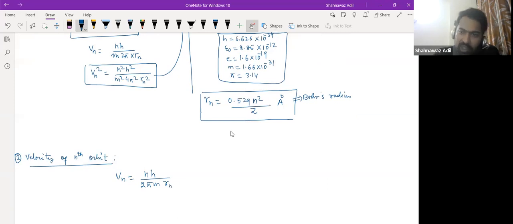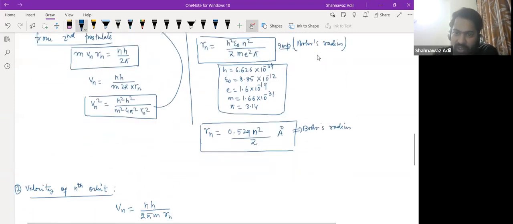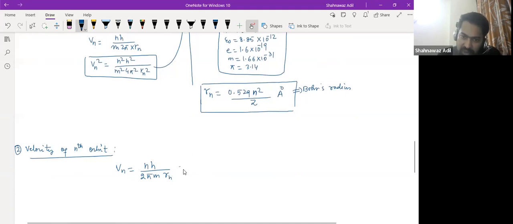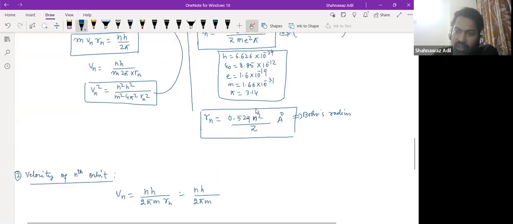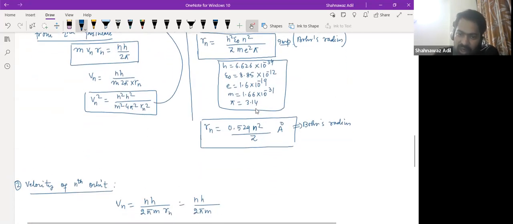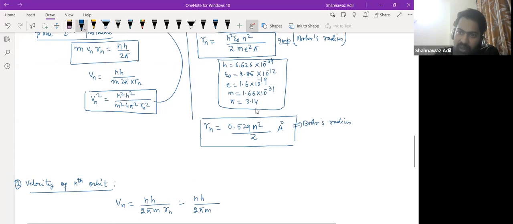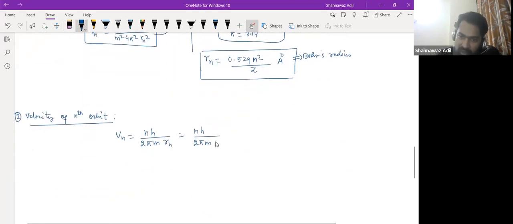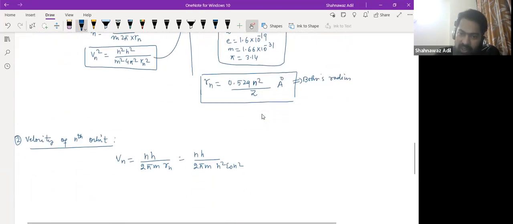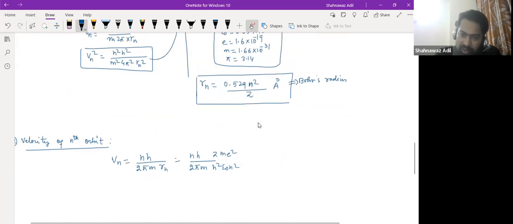And now we can put the value of Rn. This is nh by pi m, and Rn is how much? Rn is h square epsilon naught n square divided by Z pi m e square.